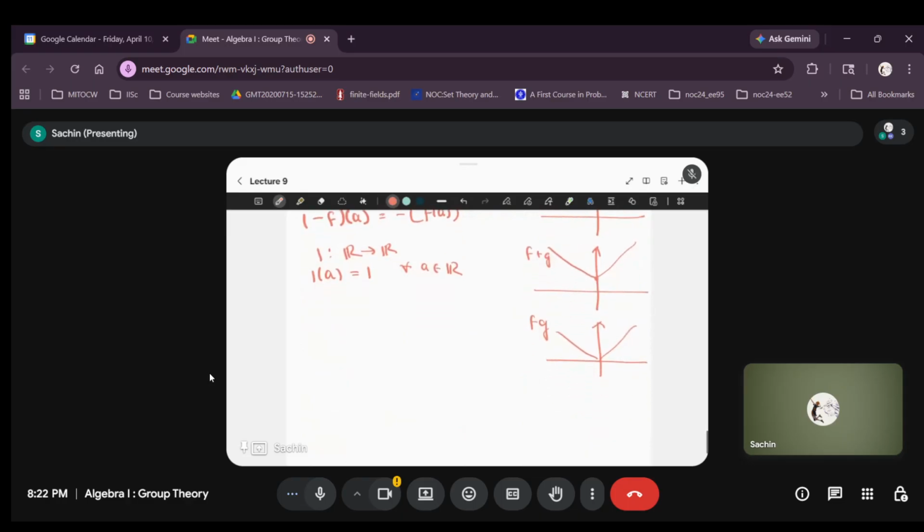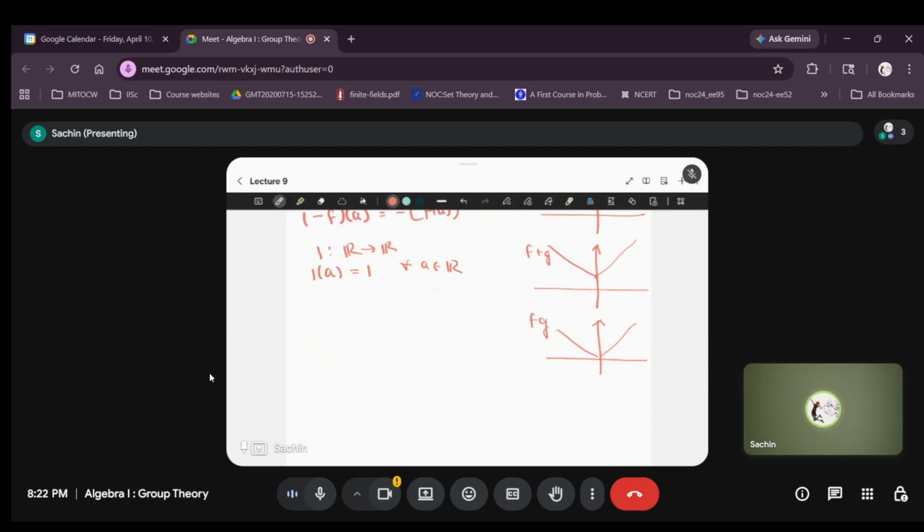Okay. Then we saw that, suppose, for example, you take the ring of integers, the number 1 has a multiplicative inverse, and the number minus 1 also has a multiplicative inverse. And we saw in the set of rational numbers, other than 0, all the elements have multiplicative inverses.